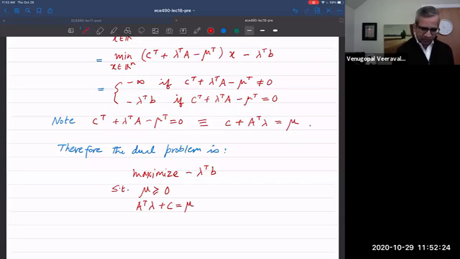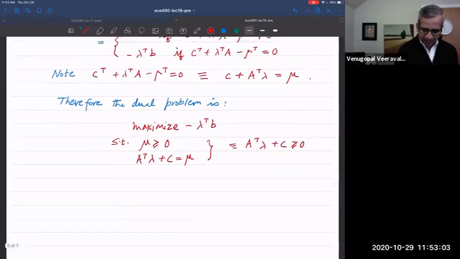If you look at these two constraints together, they can be written jointly, because the objective function does not involve mu, it just involves lambda. So I can combine these constraints, since mu appears only in the constraints. These two constraints together can be written equivalently as A transpose lambda plus C is non-negative.